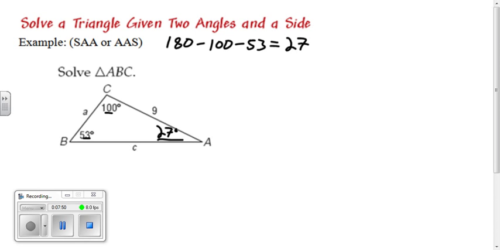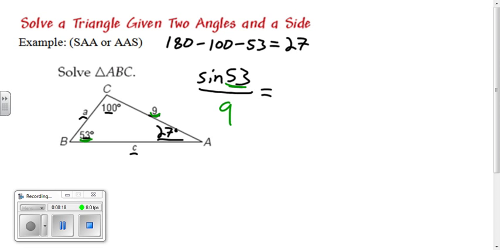So we've got 9, a missing value c, and a missing value a, and we have all of the angles already paired up.